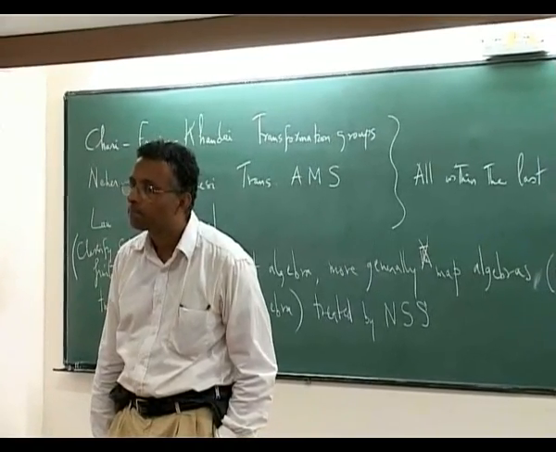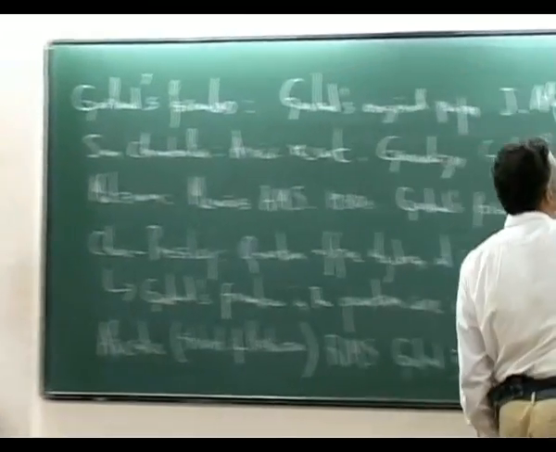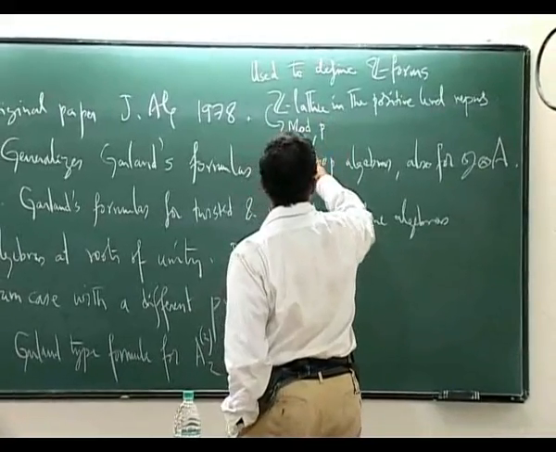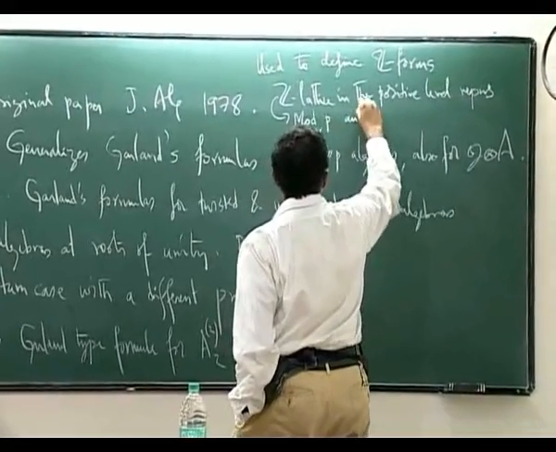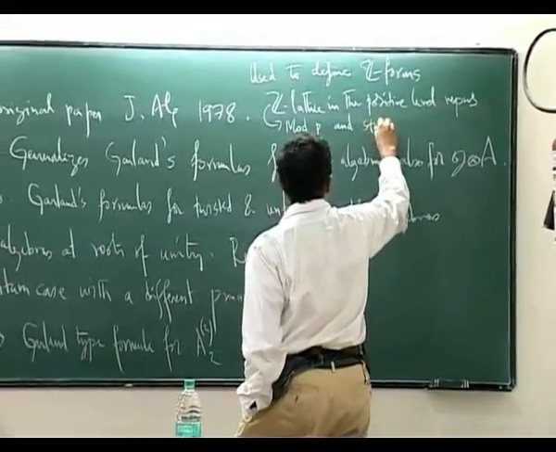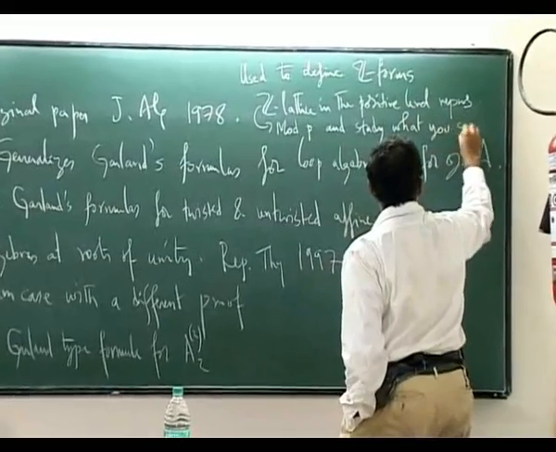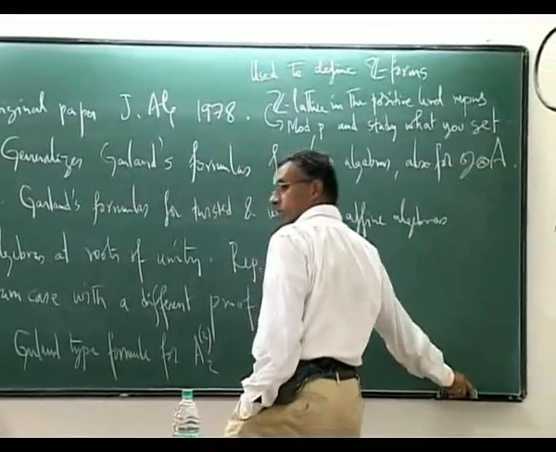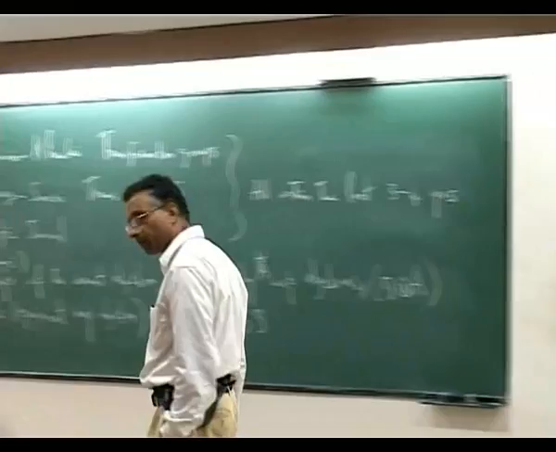So the modular representation theory of these positive level representations, there's only one paper. You're not talking about, by positive level representations, then Kac-Moody, right?